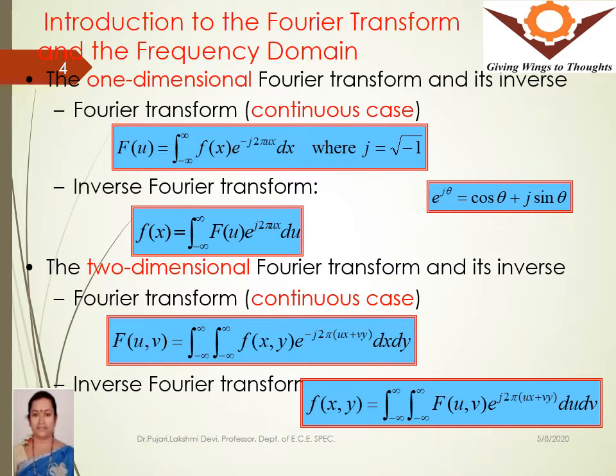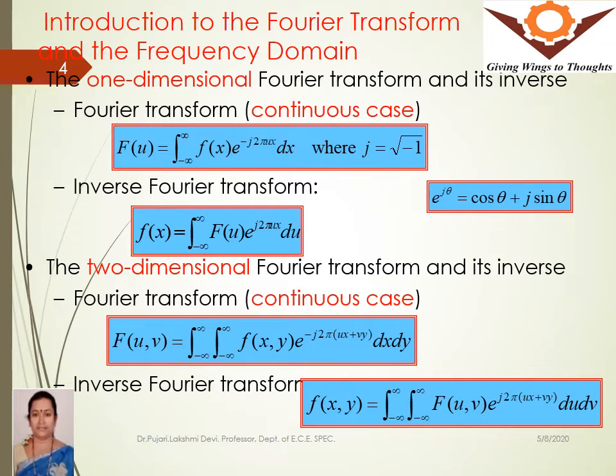So the Fourier transform as a continuous case, we denote with capital F of u equals integral from minus infinity to infinity of f of x e power minus j 2 pi ux dx, where j equals square root of minus 1.